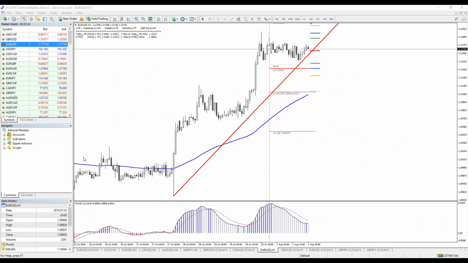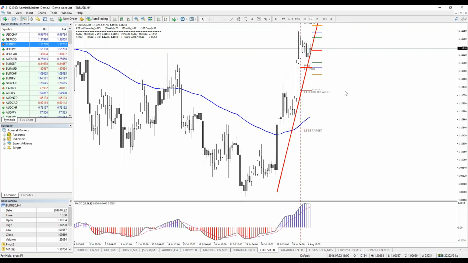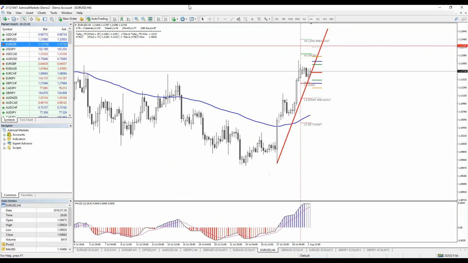Show you here. Okay, this is 4 hour time frame again. So if you see this ascending scallop, this should be the point of focus here.